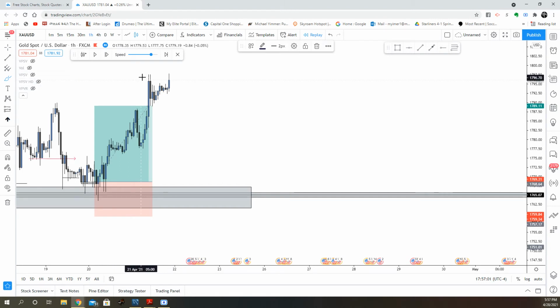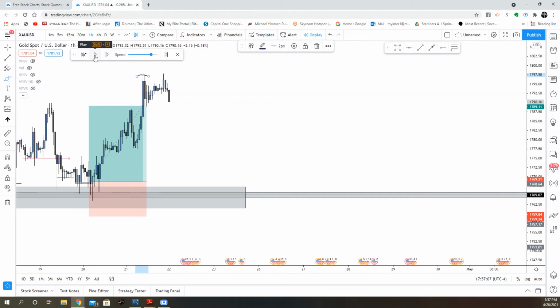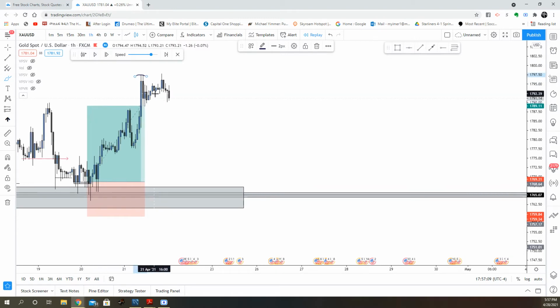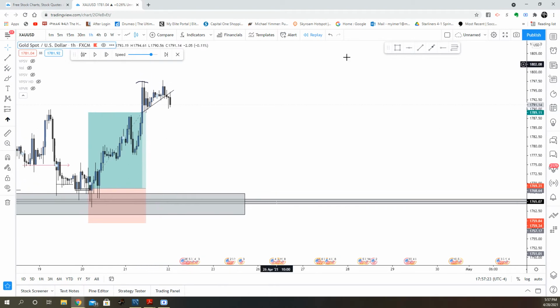Right, so right here I see one. Let me show you. Price broke this trend line, right? So for me, I'll consider this as a double top, right?